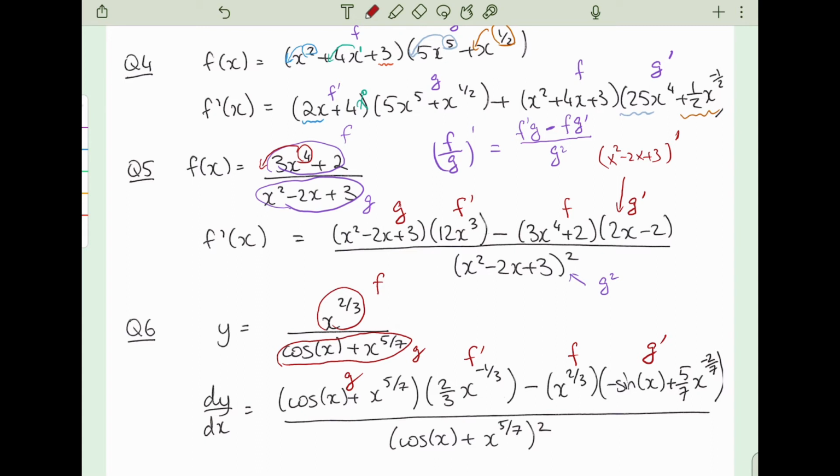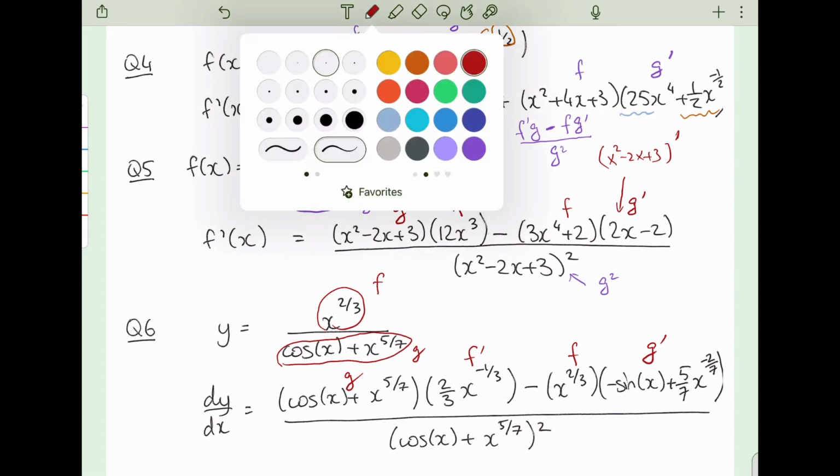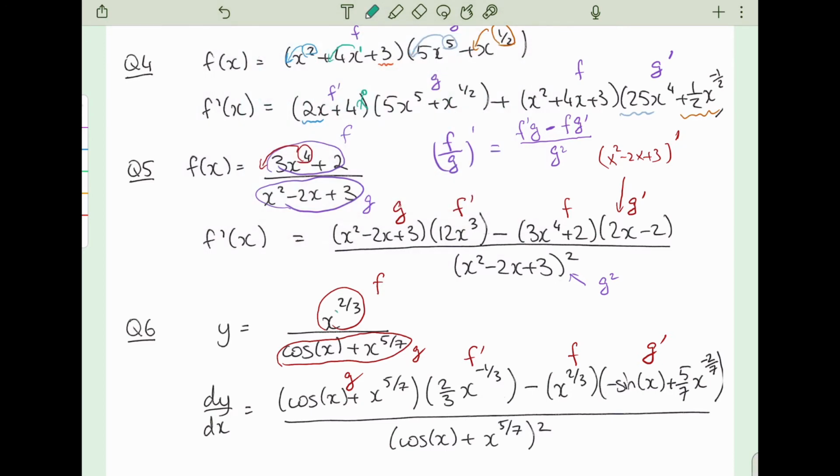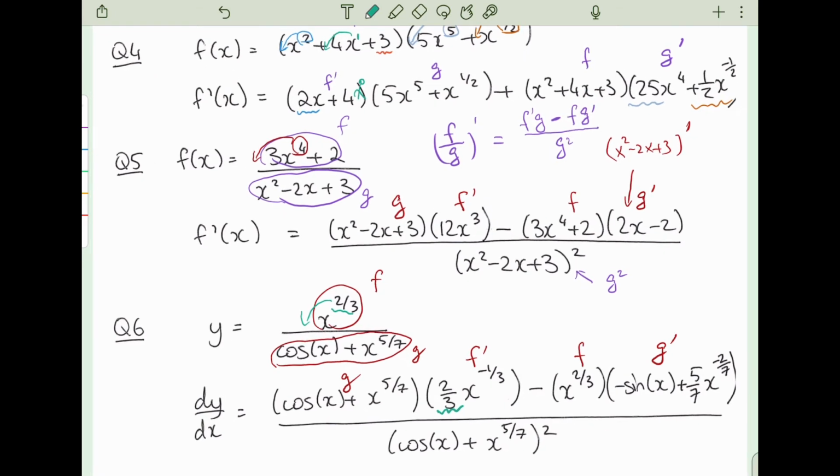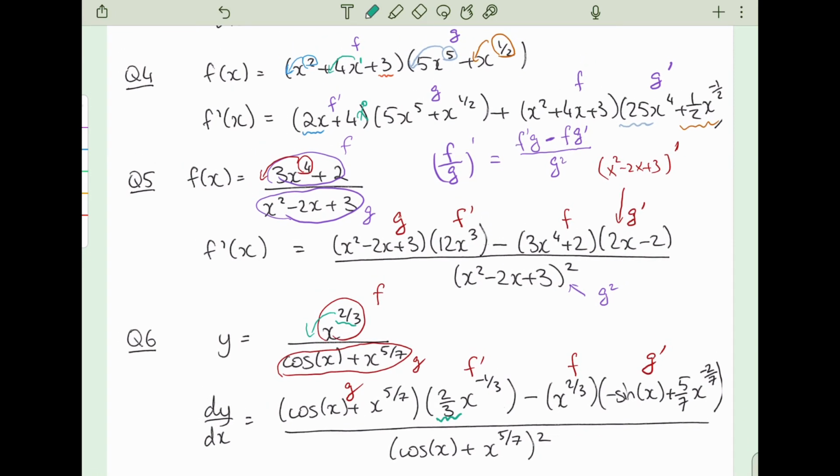And for f prime, this 2 over 3 goes to the front, and the new power is this minus 1, so that is negative 1 over 3, times g. And the second term, f times g prime.